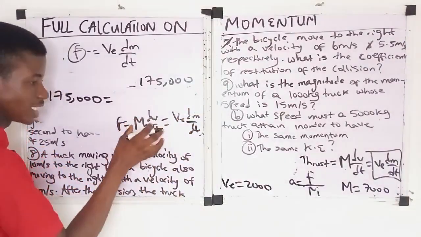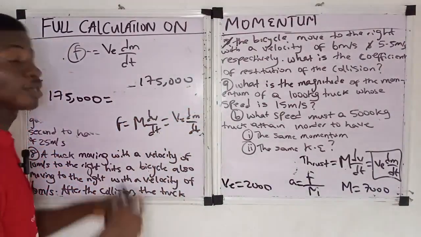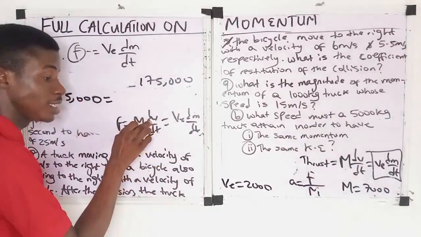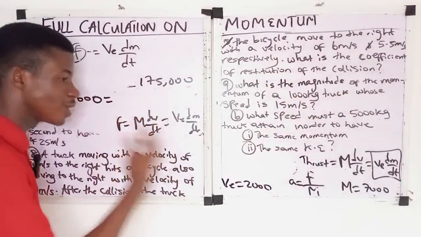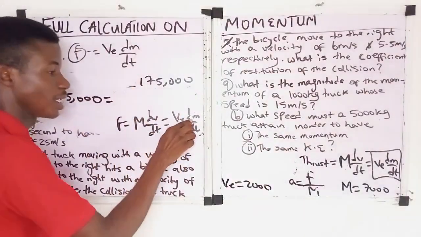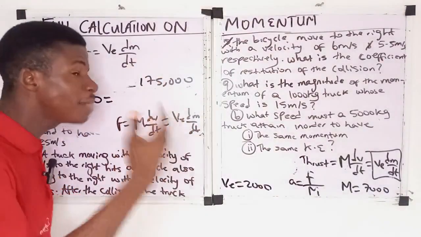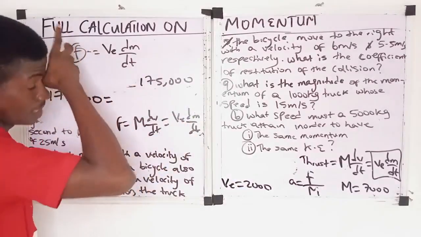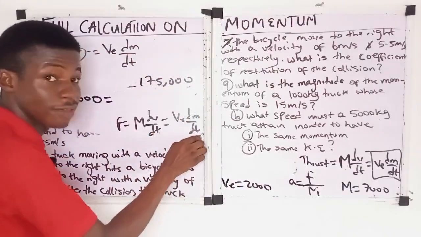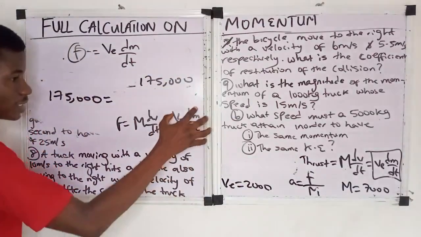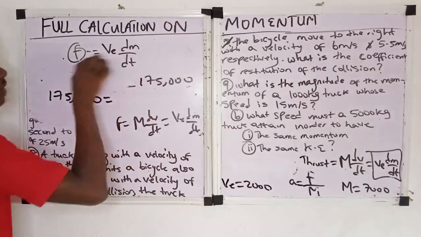The reason we are not using this is because the question says so. They didn't give us the v or the t. In the question they are asking us how much gas the rocket expels or ejects in the first second. So we are using this formula, F equals this.